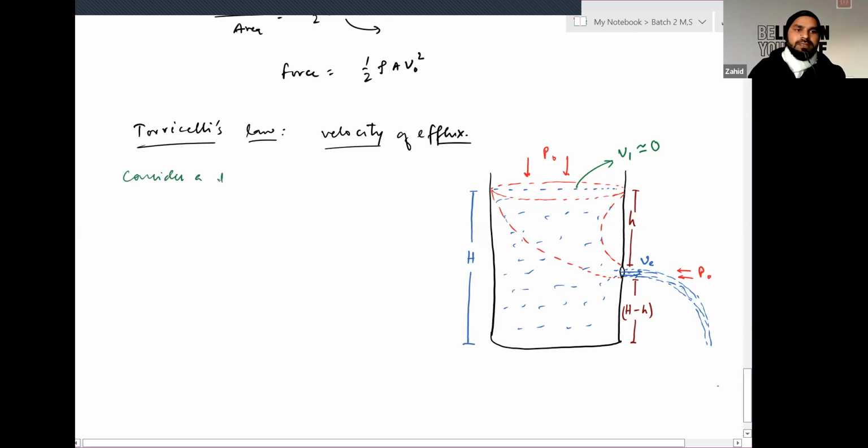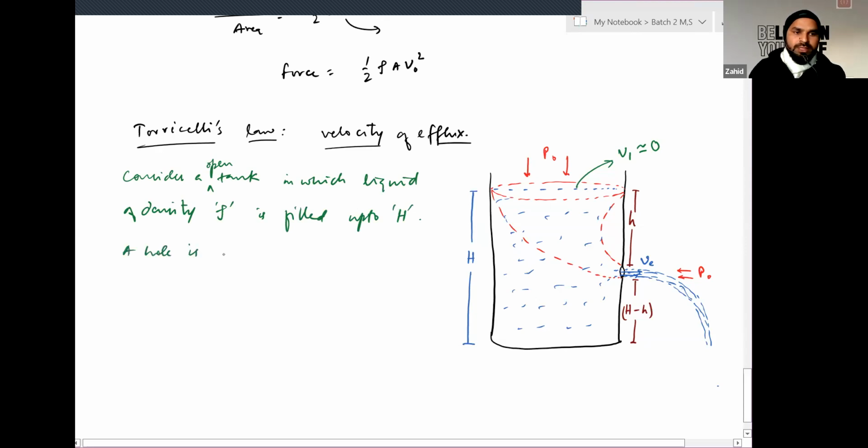Consider a tank or open tank in which liquid of density rho is filled up to H. A hole is cut out at depth h below surface.